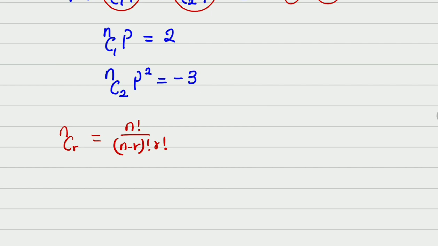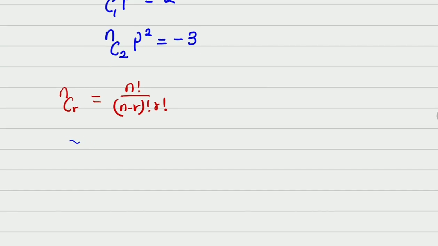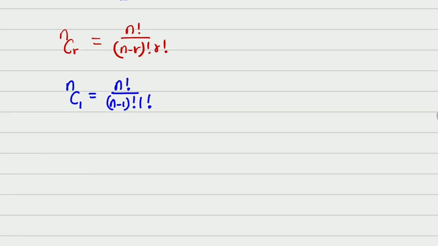So it is not going to be difficult for us to pick the first one, so that I'm going to have n combination 1, which will now be equal to n factorial all over (n minus 1) factorial, then 1 factorial. But don't forget that 1 factorial is still the same thing as 1. Then p is equal to 2.